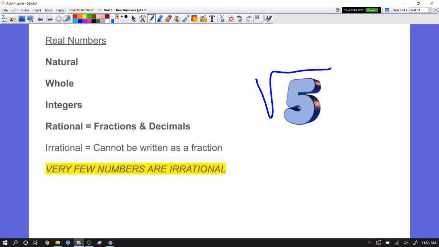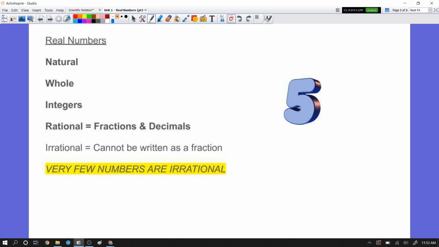Natural, whole, integer, rational, irrational. Okay. Well, we know that 5 is not a perfect square. I don't know of a number that multiplies by itself to make 5. So we would know that this is irrational, and we know that it fits in the real number system because irrational numbers are in the real number system.